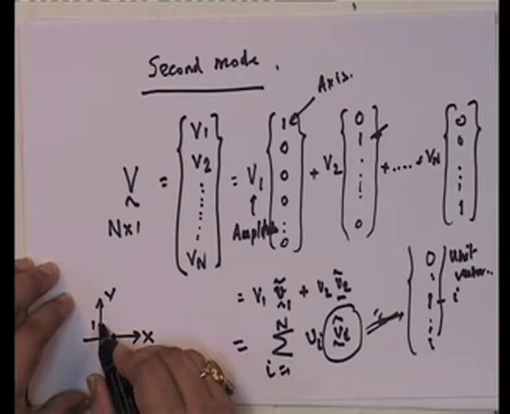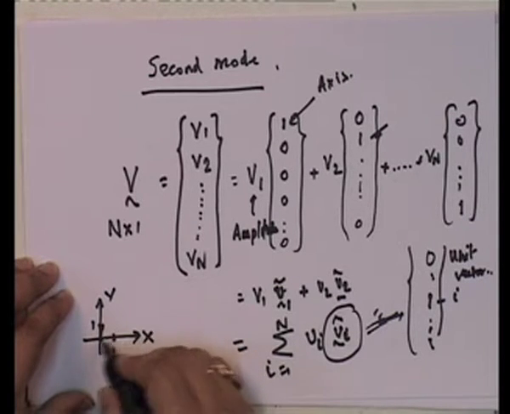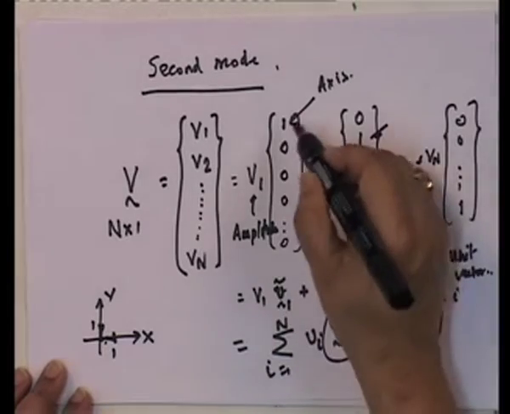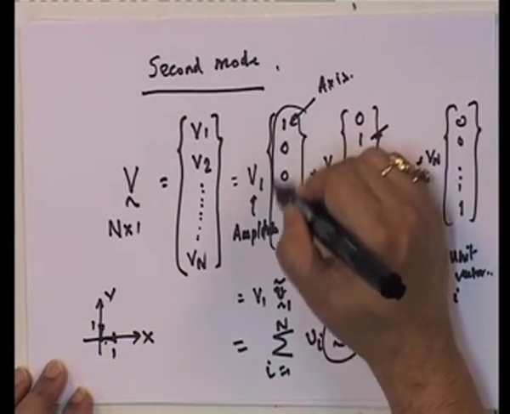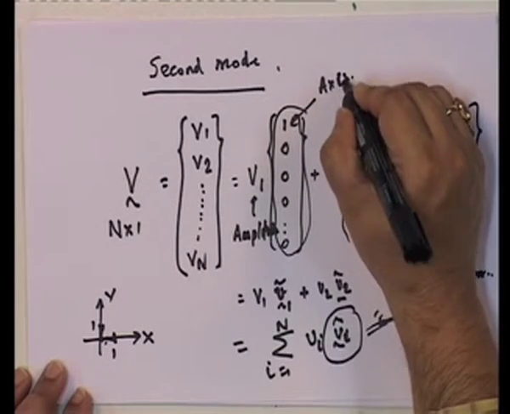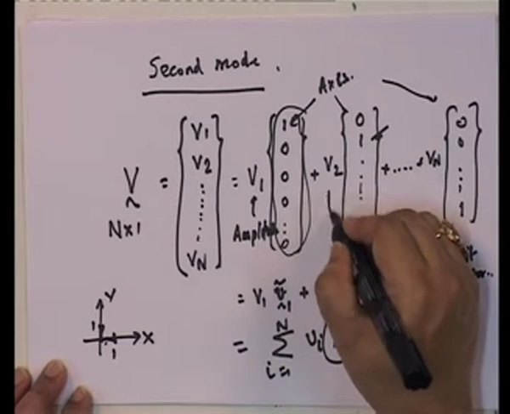Right? 0, 1: x is 0 and this 1 is one axis, and 1, 0, because y is 0, represents the other axis. So, in other words, all these represent axes.